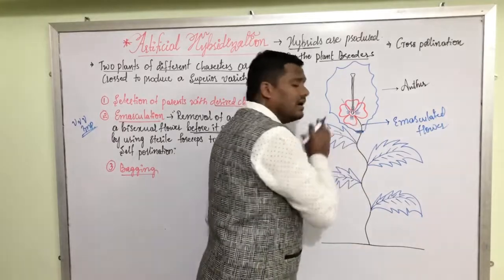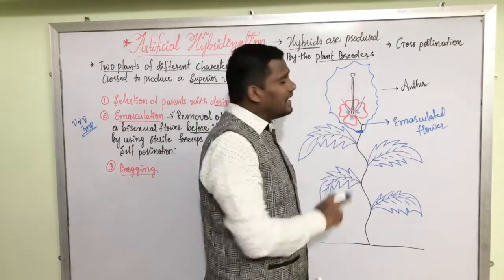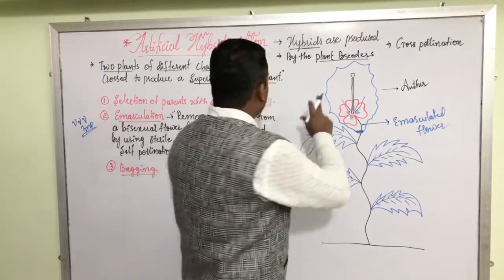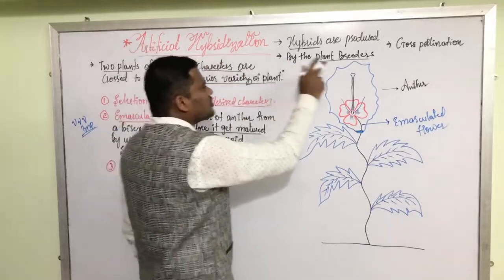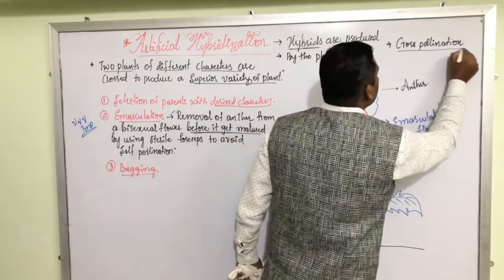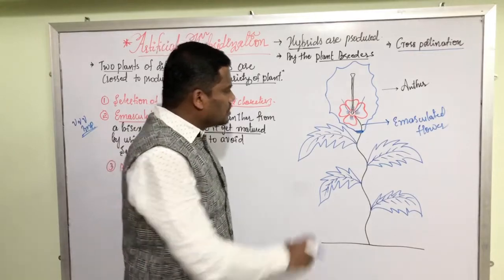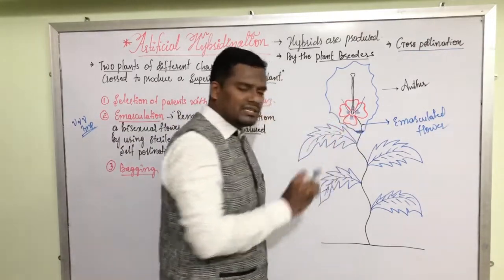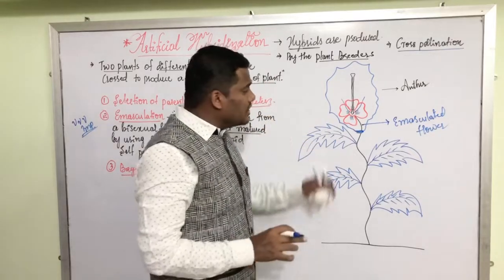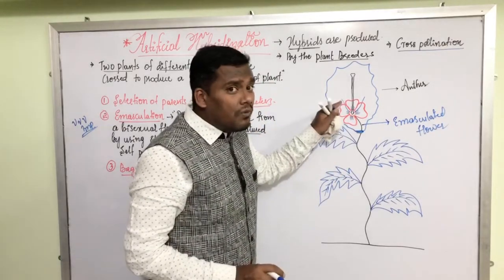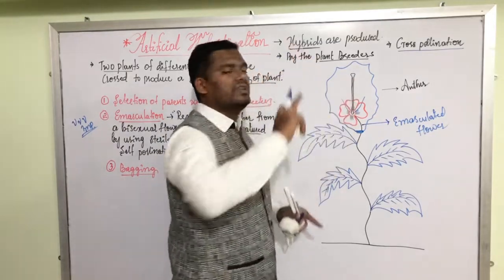Why have we covered it? Just recall the thing that we started our discussion with. Hybridization is possible only by a cross-pollination process. So we have covered this emasculated flower with a butter bag so that unwanted pollen grains should not drop on the stigma of this flower.